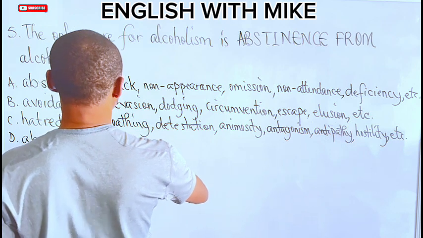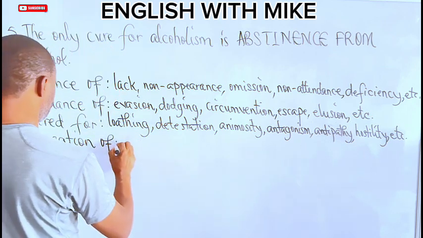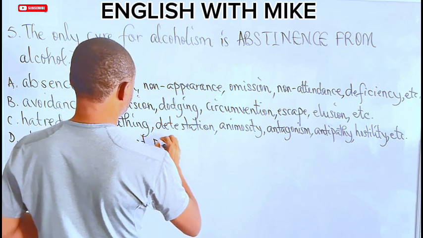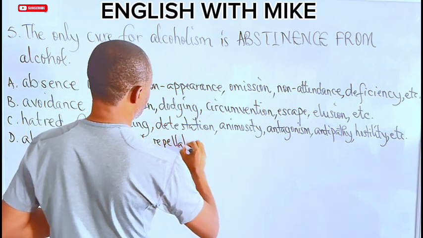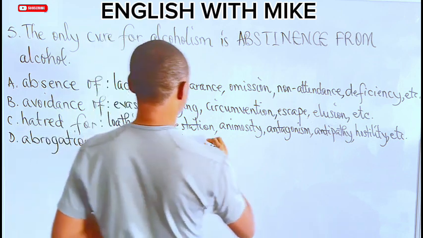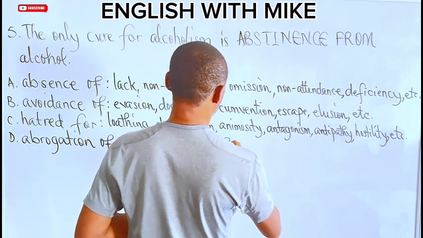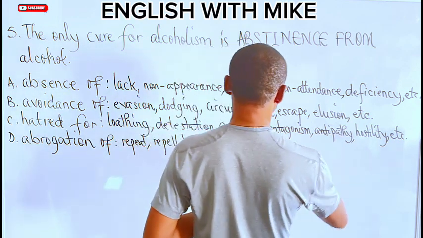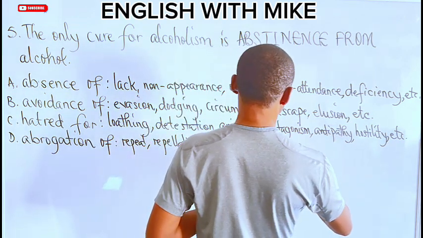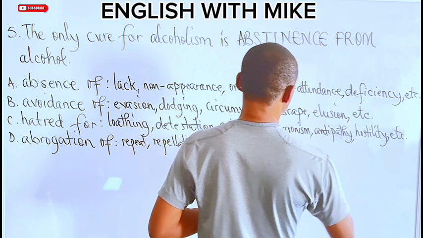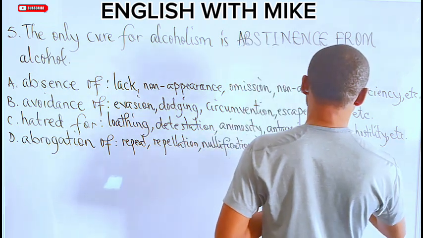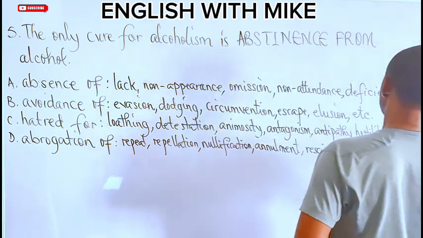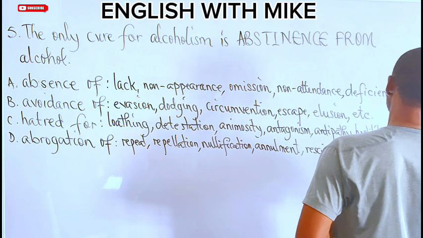What is abrogation? Abrogation is a repeal. Repeal is repellation. Okay, repellation is nullification. Nullification is annulment. Annulment, which is a rescinding, especially of a law, a rescinding or a termination of that law or process.